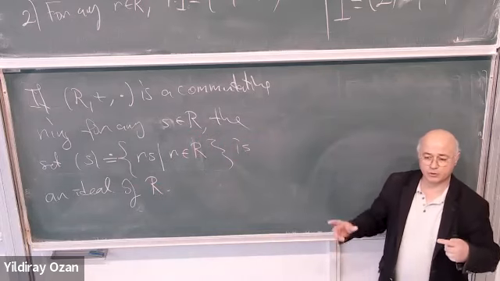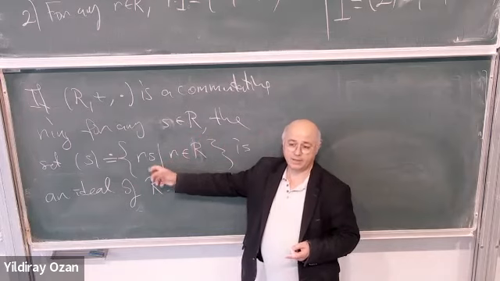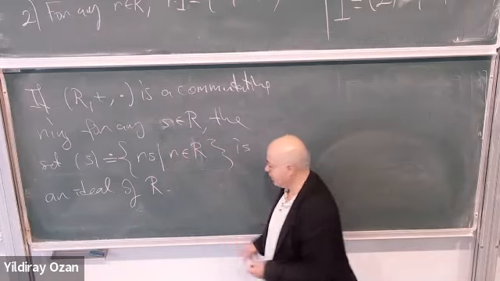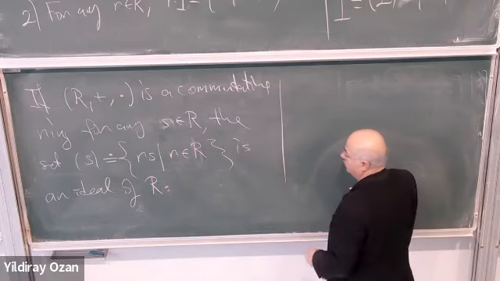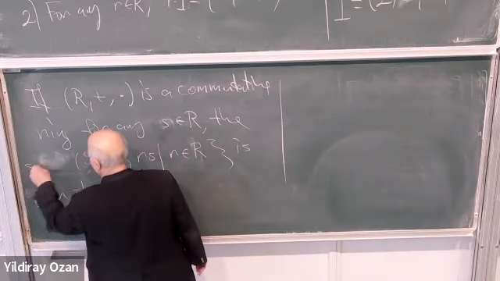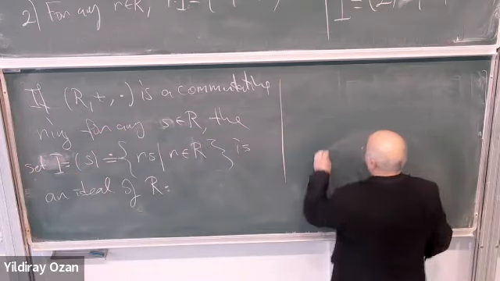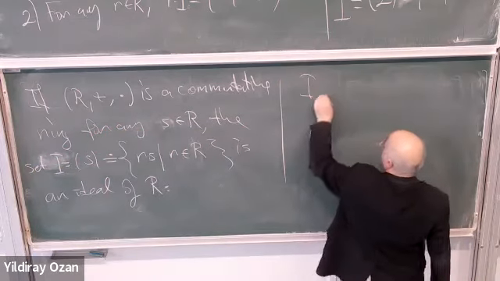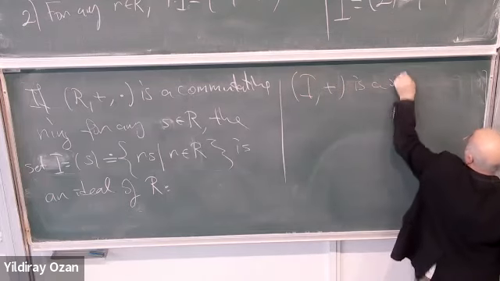Why is that? Because if you choose two elements in the set, their sum is also in the set. Let's check that. Let's say this is I. So this set with this operation is a subgroup.